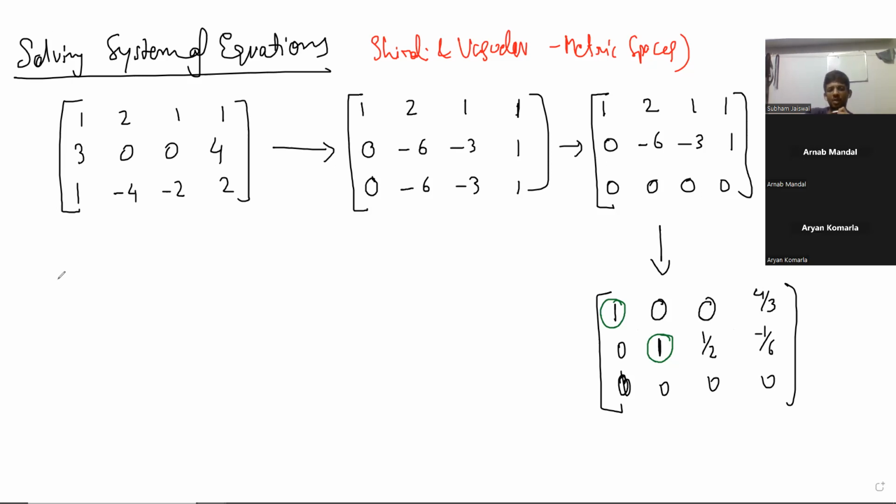Okay. So let me just write it quickly. So x1 would be equal to, fine. I'm not writing too many definitions now, but maybe just write as x4.